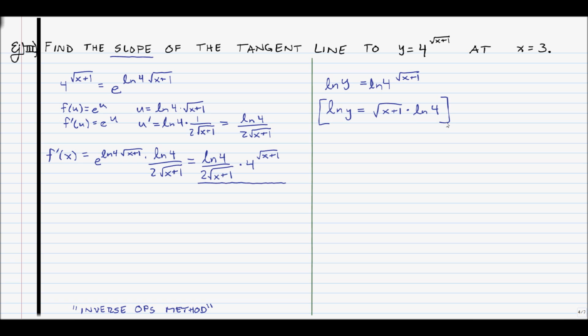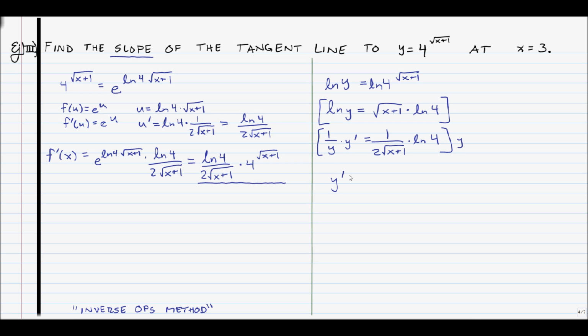So let's differentiate. We're going to get 1 over y times y prime. Over here, we're still going to have the derivative of square root of x plus 1, which is 1 over 2 square root of x plus 1. And then we're still going to multiply by that scalar ln of 4. So this whole thing will be multiplied by y.